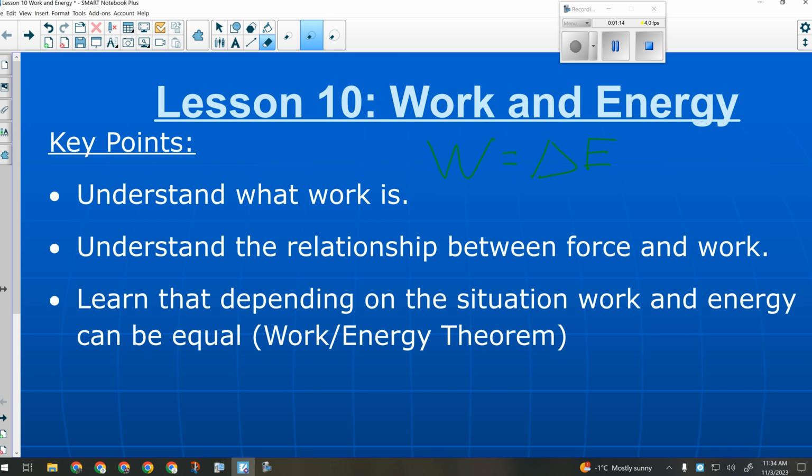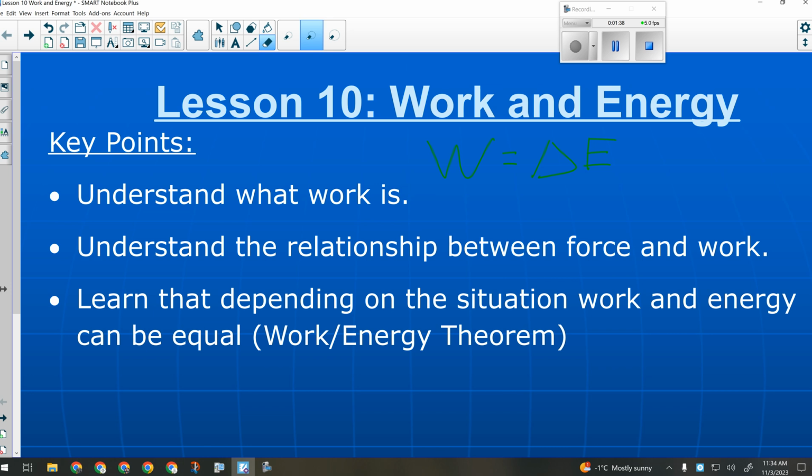Whenever we use delta, we are subtracting two things. What are they? Final and initial. Right? Anytime you have delta, it's something final minus something initial. Now it's going to be energy final minus energy initial. Okay? It's our change in mechanical energy.